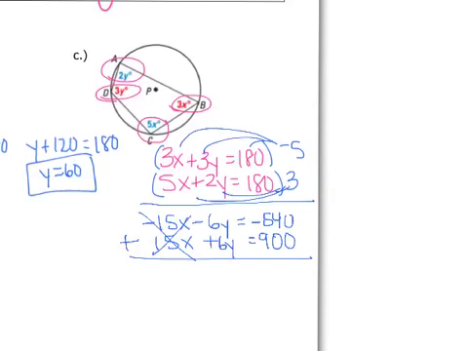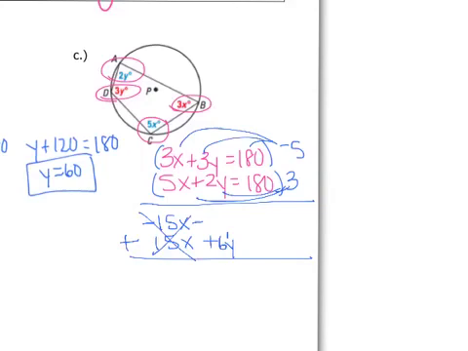Oh, I made a mistake. I just noticed. That should not be -6y. I made two mistakes. I'm sorry. These are not correct either. Okay, let me back up. I apologize.